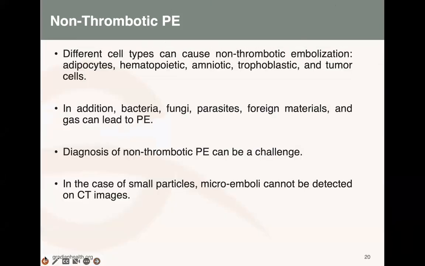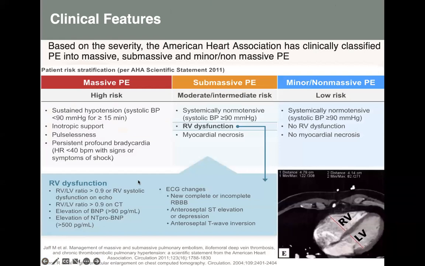The other type is submassive pulmonary embolism. Here the patient is systemically normotensive, with systolic blood pressure of 90 millimeters of mercury or more. They have right ventricular dysfunction and also myocardial necrosis, and the risk here is moderate to intermediate.